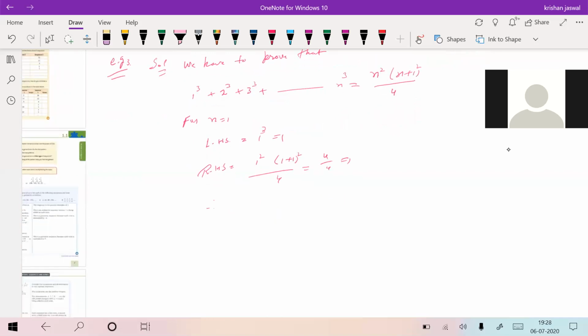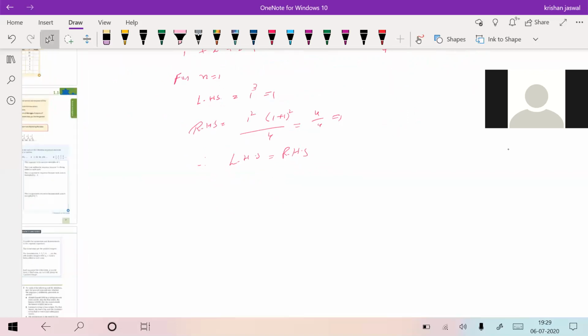Left hand side is equal to right hand side. Therefore, result 1 is true for n is equal to 1.